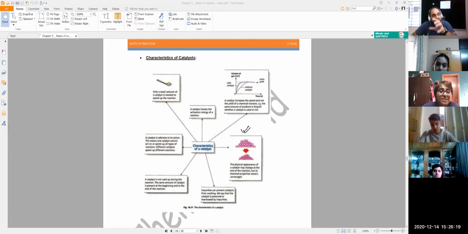So they remain chemically unchanged. And obviously, a catalyst is never used up. And catalysts are usually specific to certain reactions.